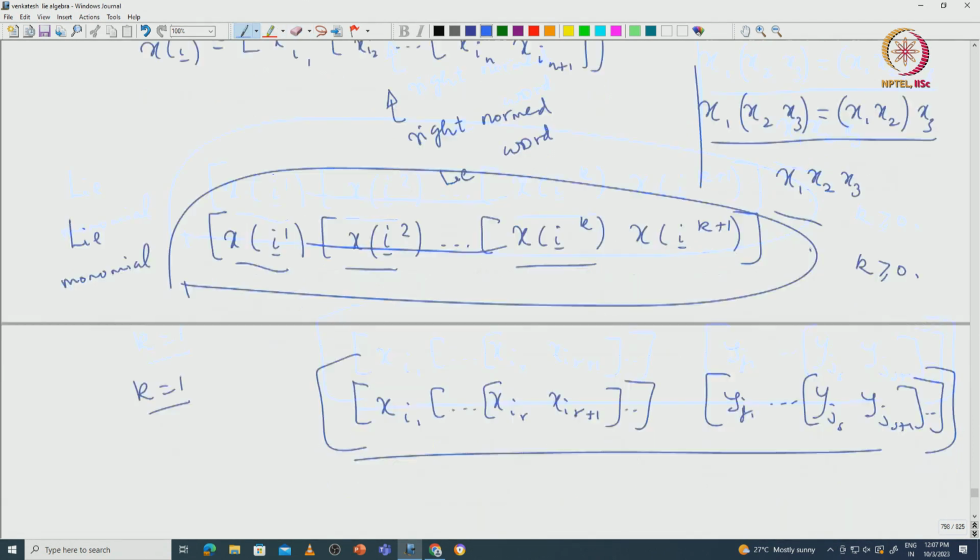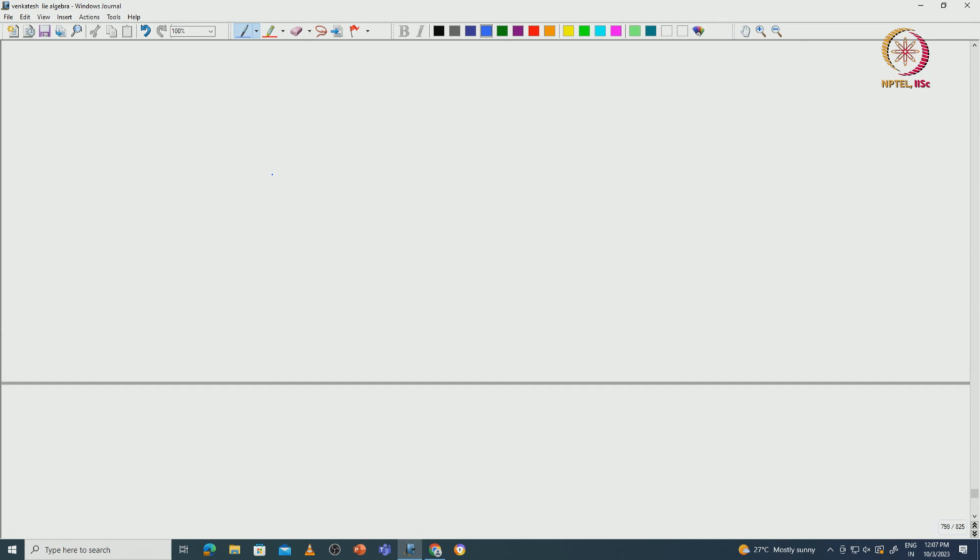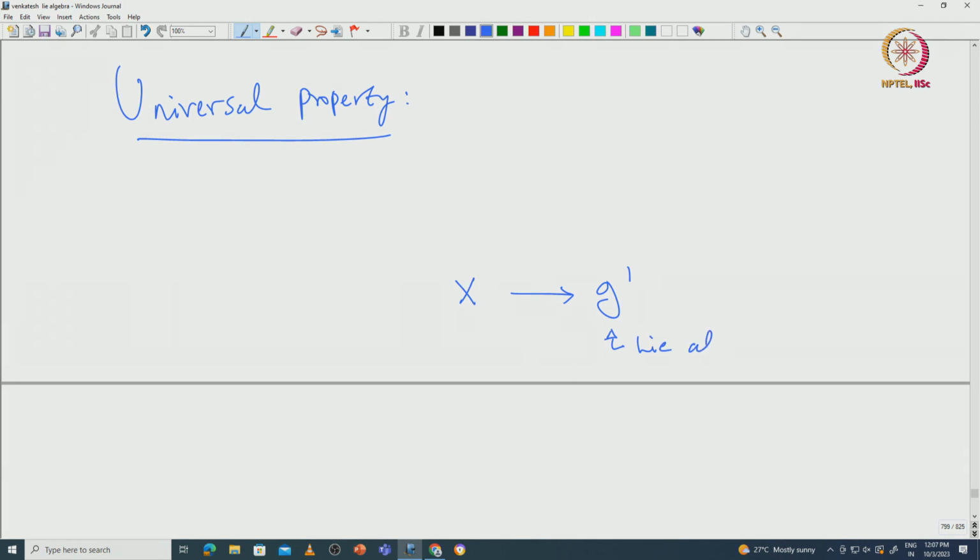But how do you construct such things? Here is the simplest way. If you think in terms of this universal property, let me write down the universal property, because it motivates what to do. You have x, and let us say you have any map f from x to g dash, where g dash is a Lie algebra.